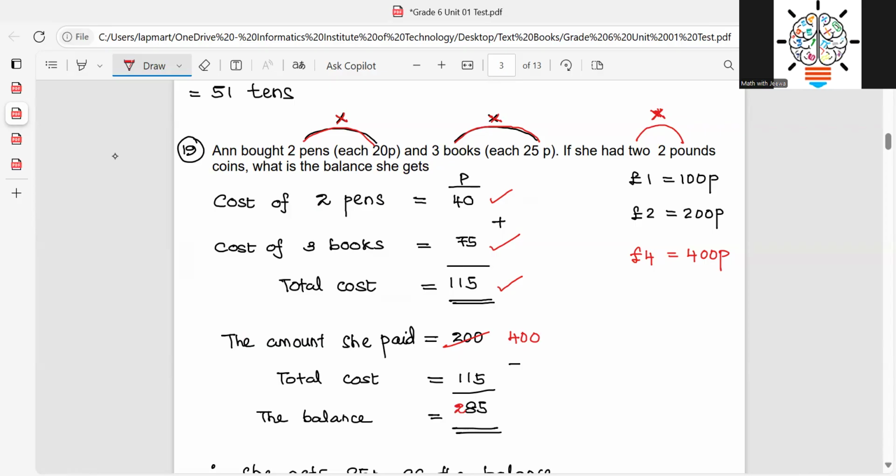I'll show it here like this. 400 and 115, we'll do the subtraction. So here it is 5 and 8, and here now it is 3, 3 minus 1, 2. 285, right?